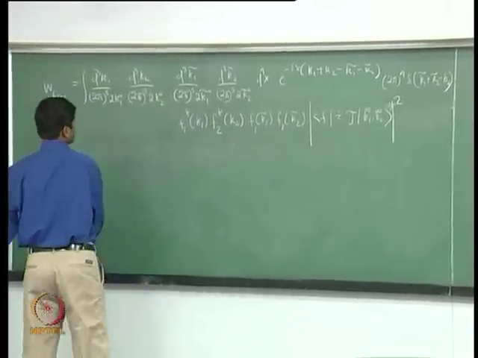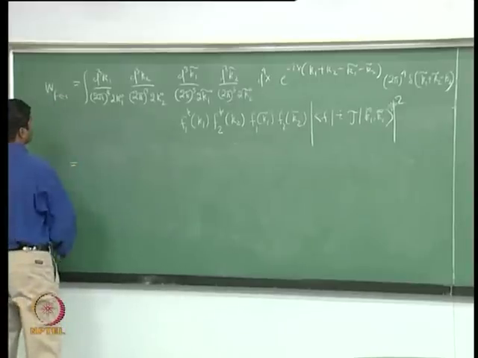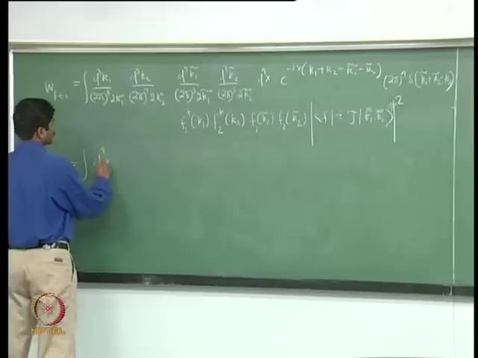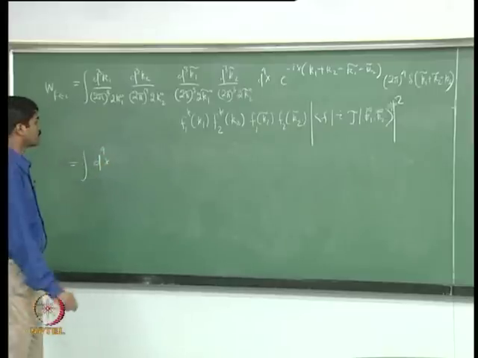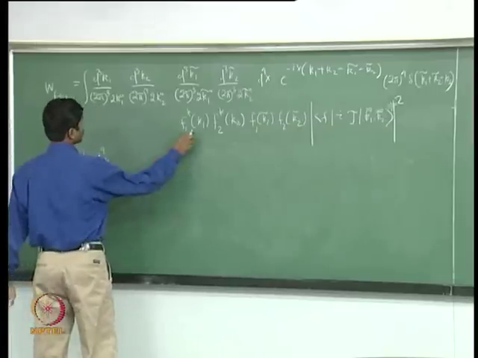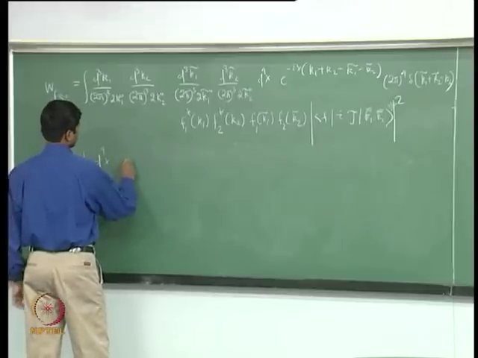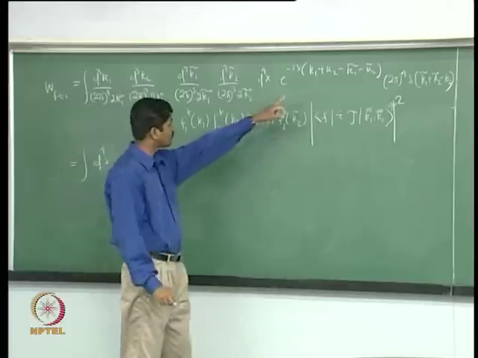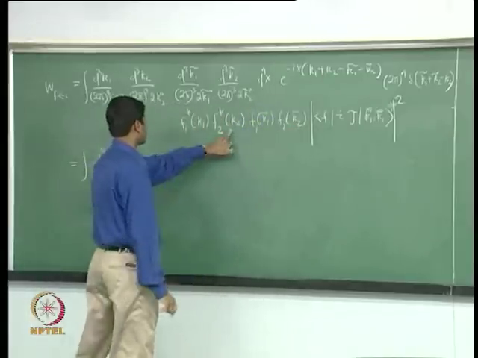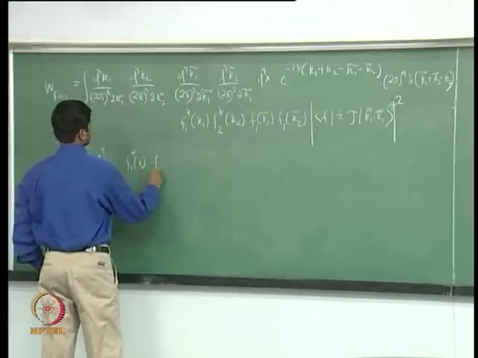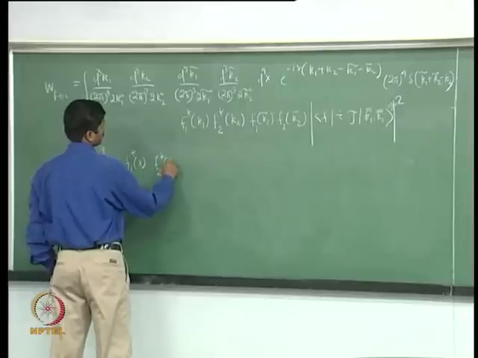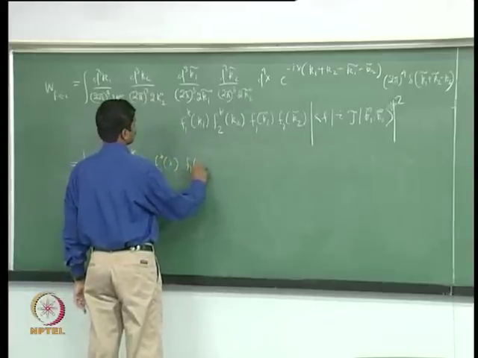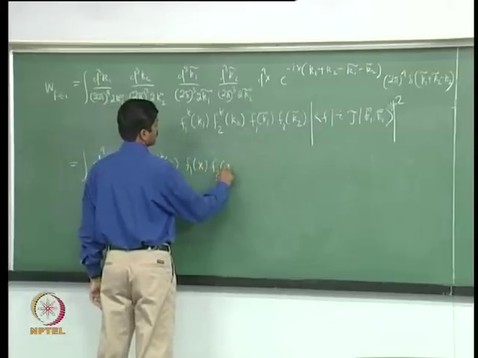So they are nothing but the integration d^4x, this one will give you f1 of x, this factor will combine with this to give you f2 star of x, and similarly here you will get f1 of x, f2 of x.